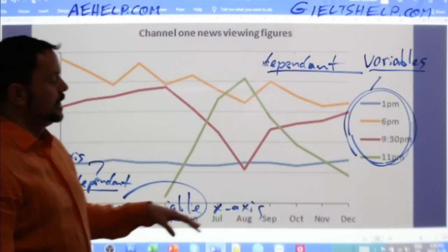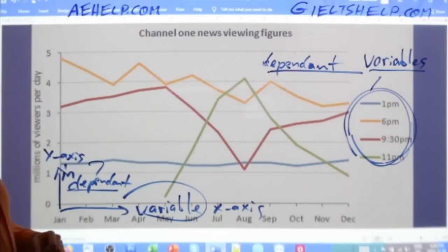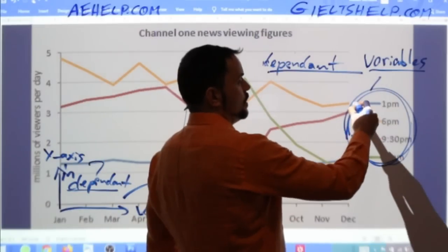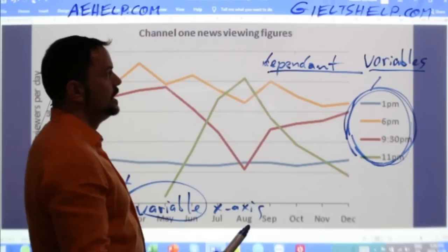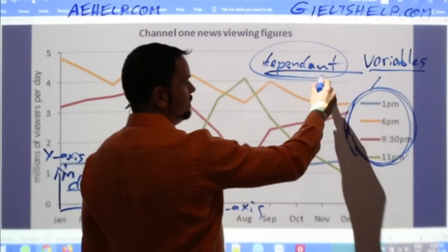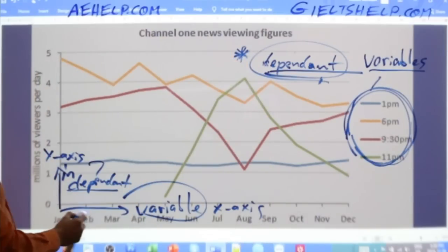These ones are independent. They don't need these other variables. The reason I'm showing you this is because when you're deciding how to write your line graph, it's easier to start from these dependent variables and think about these instead of thinking about your independent variables.